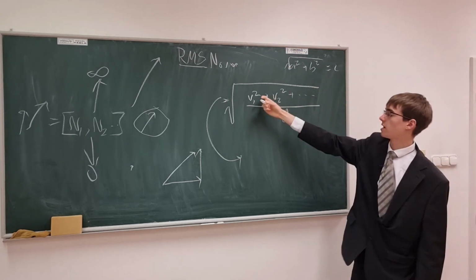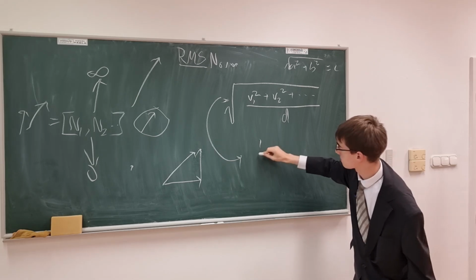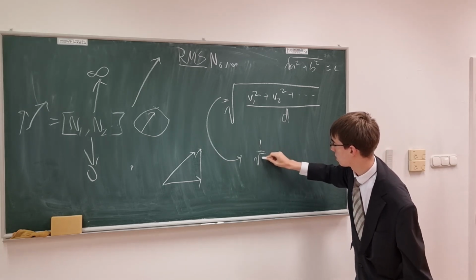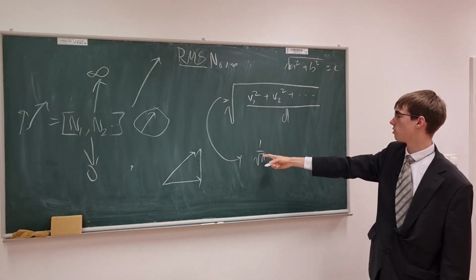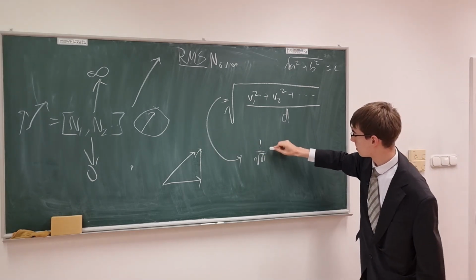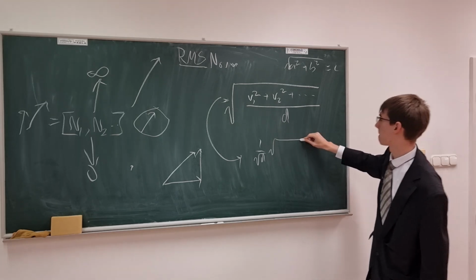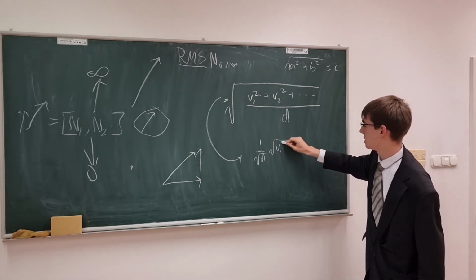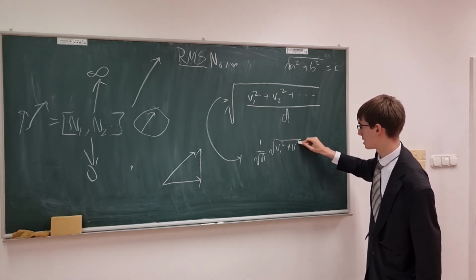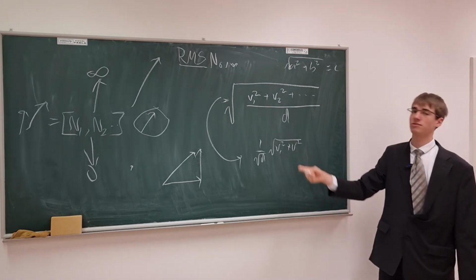And that's what we're applying here. If we simplify this, we get 1 over root d multiplied by the square root of v1 squared plus v2 squared. And that would be our case for 2 dimensions.